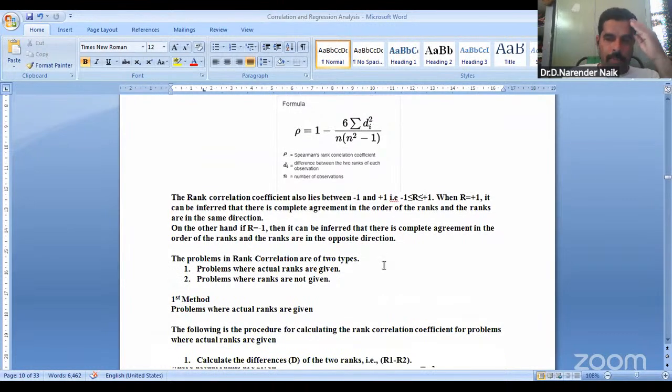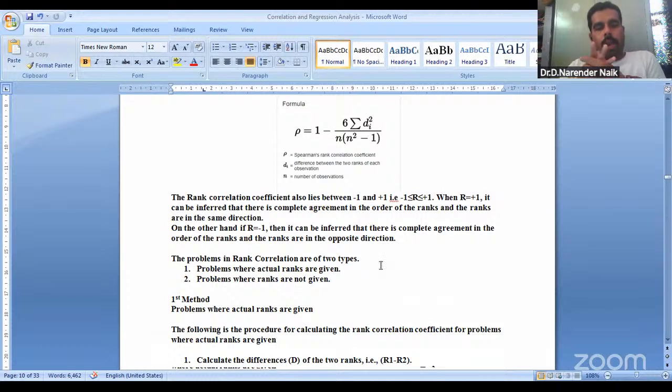See, the rank correlation coefficient also lies between -1 and +1, that is, -1 less than or equal to r less than or equal to +1. When r is equal to +1, it can be inferred that there is a complete agreement in the order of ranks, and the ranks are in the same direction.